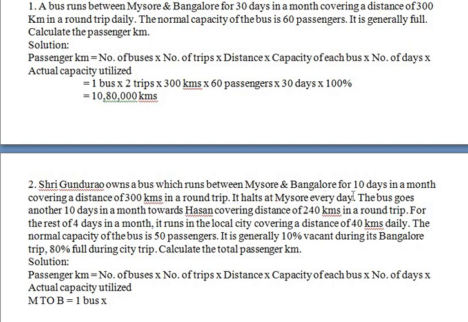which runs between Mysore and Bangalore for 10 days in a month covering a distance of 300 kilometers in a round trip. It means for 10 days it will run as a round trip, that is from Mysore to Bangalore, again from Bangalore to Mysore.